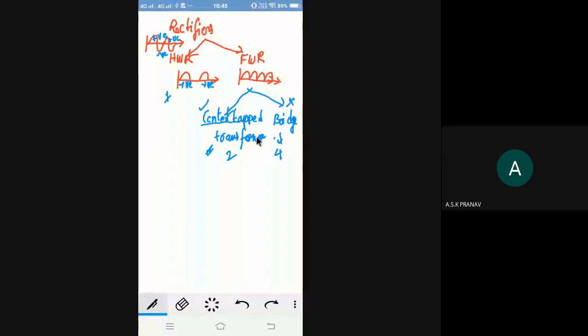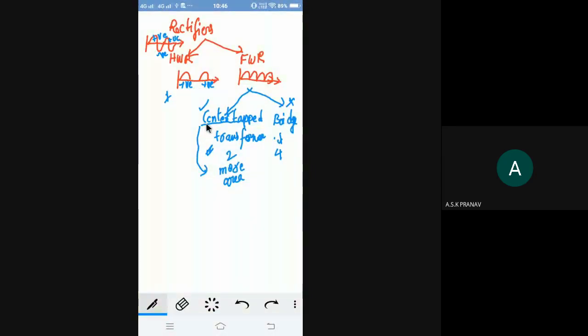So, what is the advantage or disadvantage of a center tap transformer? The center tap transformer occupies more area. So, a full wave rectifier made with a center tap transformer occupies more area.